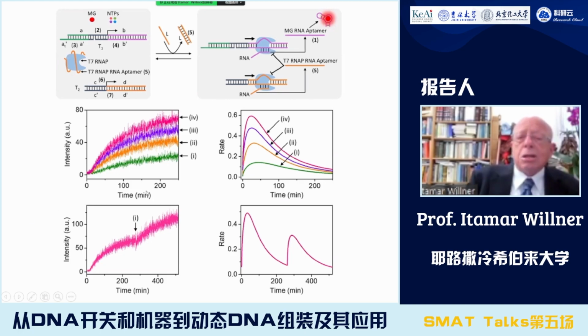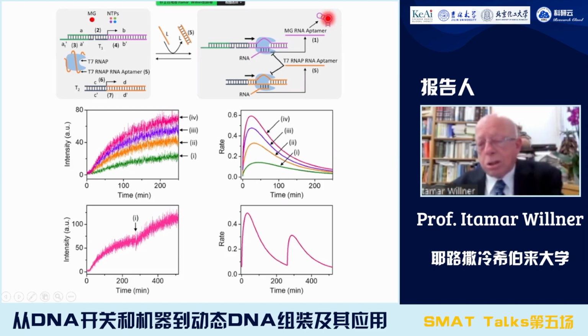So you can see here that the rate of formation of the malachite green aptamer is controlled by the transcription and suicide generation of the RNA polymerase aptamer. The more we enhance the suicidal effect, the lower is the transcription.